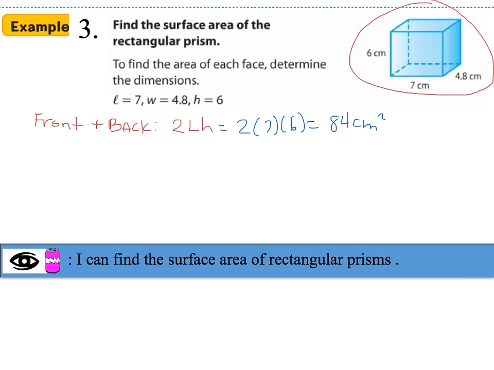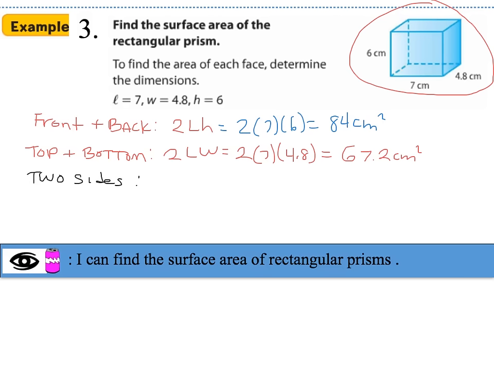Now let's find the area for the top and the bottom. I'm going to take 2 and multiply it by the length and the width. So I'm going to say 2 times the length, which is 7, and the width, which is 4 8/10. So if I multiply that out, I would get 67 2/10 centimeters squared. Alright, now let's find the area for the two sides.